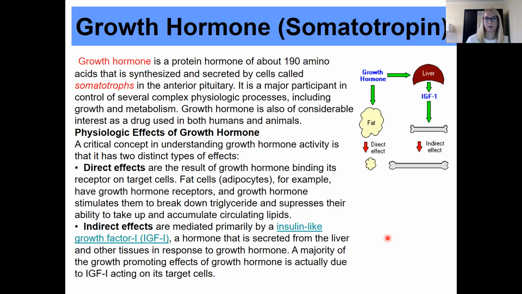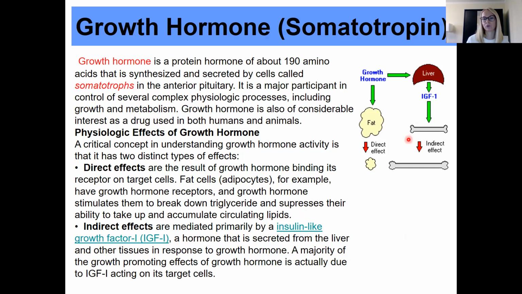Fat cells, for example, have growth hormone receptors, and growth hormone stimulates them to break down triglycerides and suppresses their ability to take up and accumulate circulating lipids. And second is indirect effects that are mediated primarily by insulin-like growth factor 1, a hormone that is secreted from the liver and other tissues in response to growth hormone.